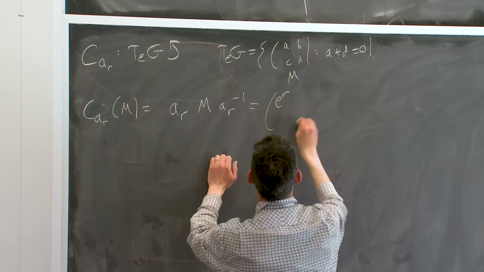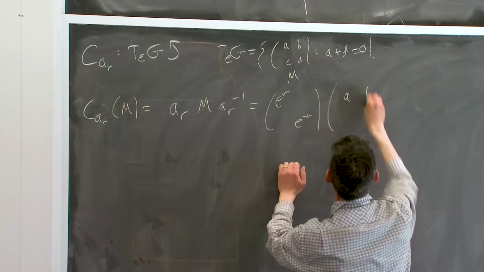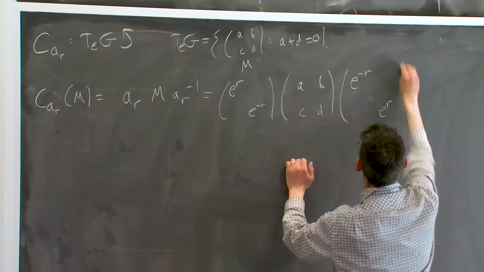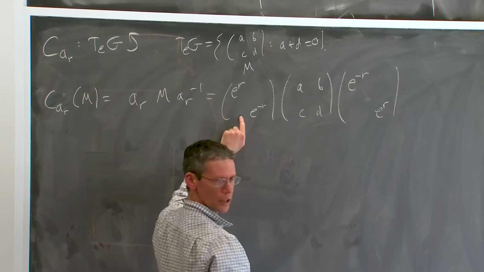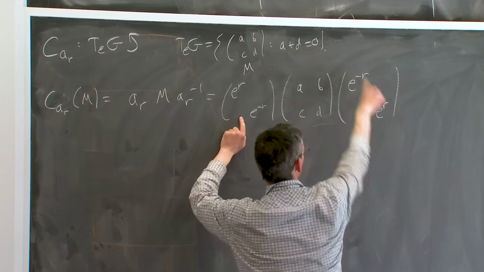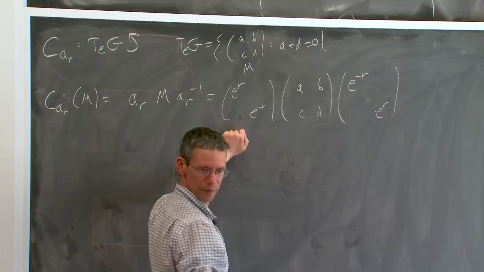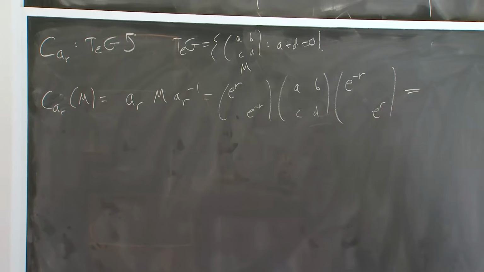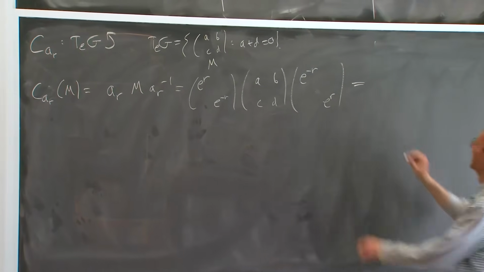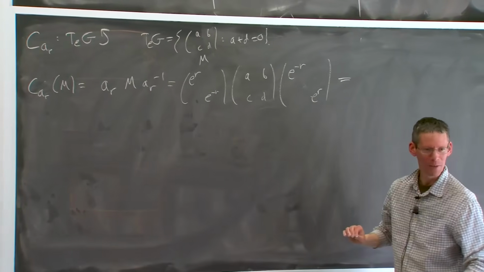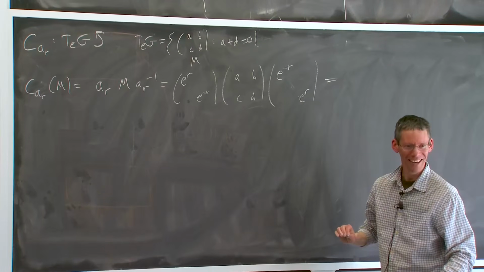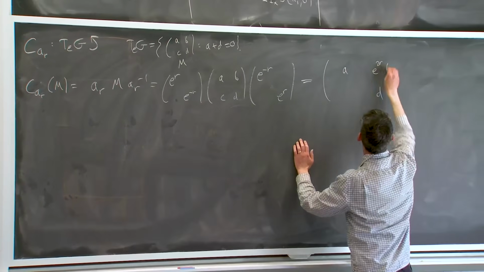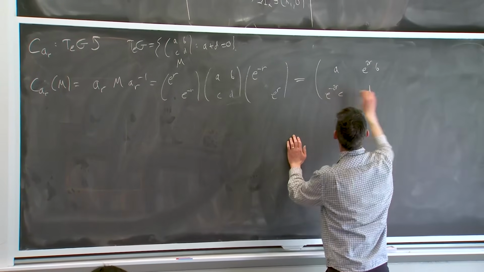So that's e to the r, e to the minus r, times a, b, c, d, times e to the minus r, e to the r. This is A_r, that's just a definition, and this is A_r inverse, so I switch the minus signs. I did this very carefully, but it's not super instructive to watch me do it, so I'm just going to write down the answer. It's a, d, e to the 2r b, e to the minus 2r c.